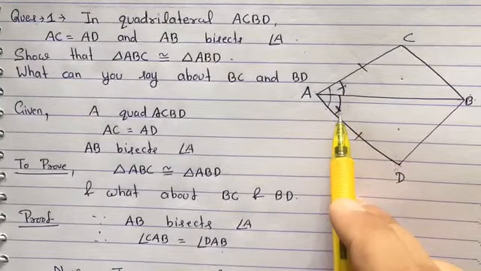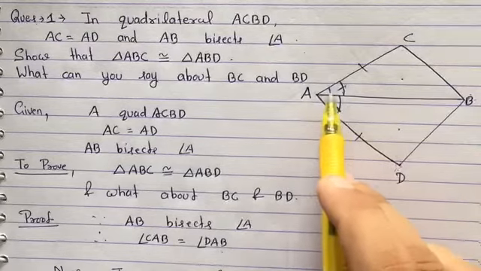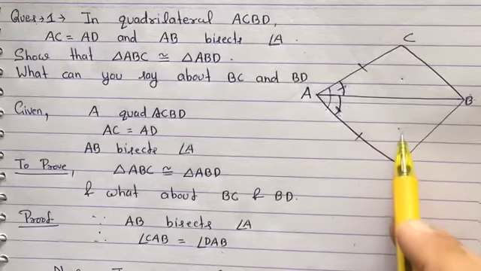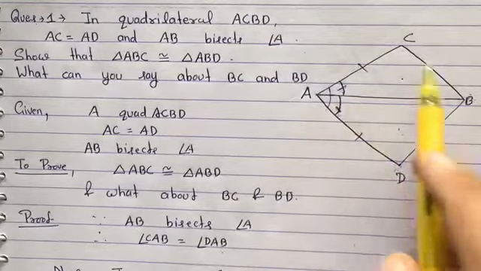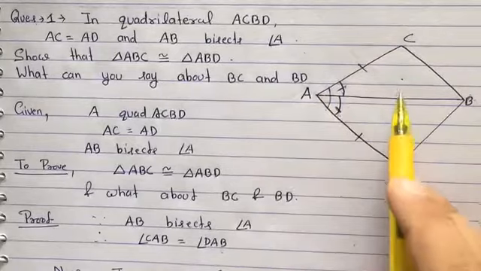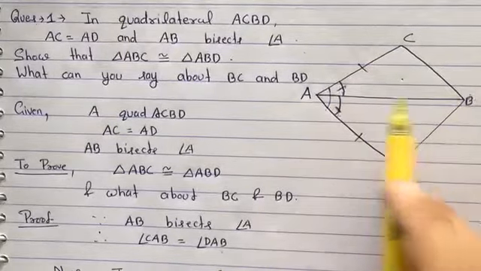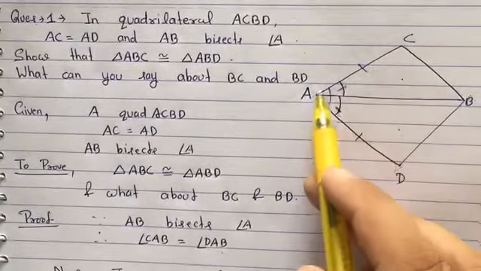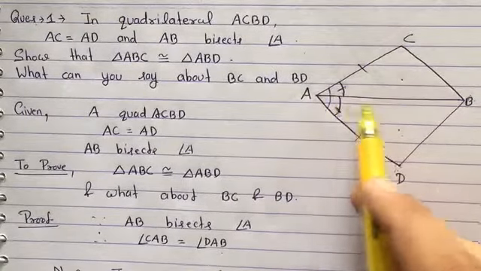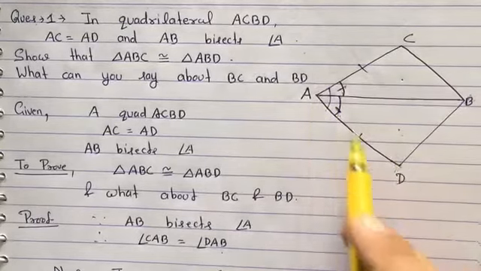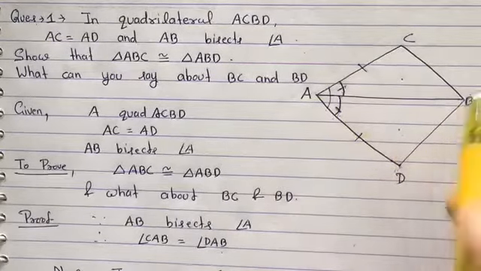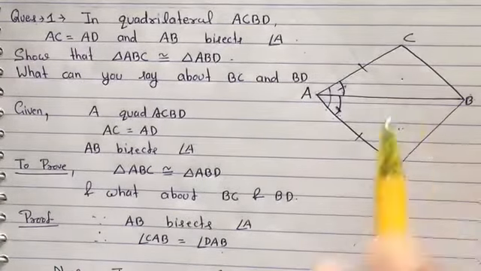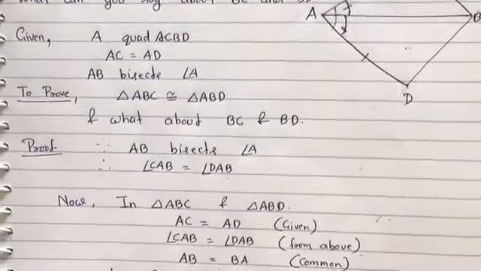Second thing is equal. And third thing, this line AB is common in both triangles, in triangle ABC also and in triangle ABD also, meaning AB is equal to BA, common in both triangles. So this is a side, this is an angle, then this is a side. In the triangles, side, then angle, then side. It means by SAS congruency, both triangles are congruent. So we are going to write all these things.